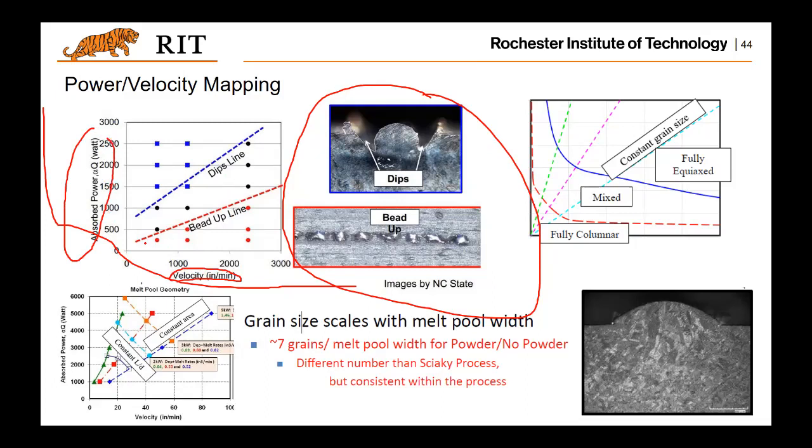Basically it's more like a linear relationship. So in that case, you can predict how the final build will look like if you have a specific velocity, I mean the scanning velocity, as well as the build power, right?